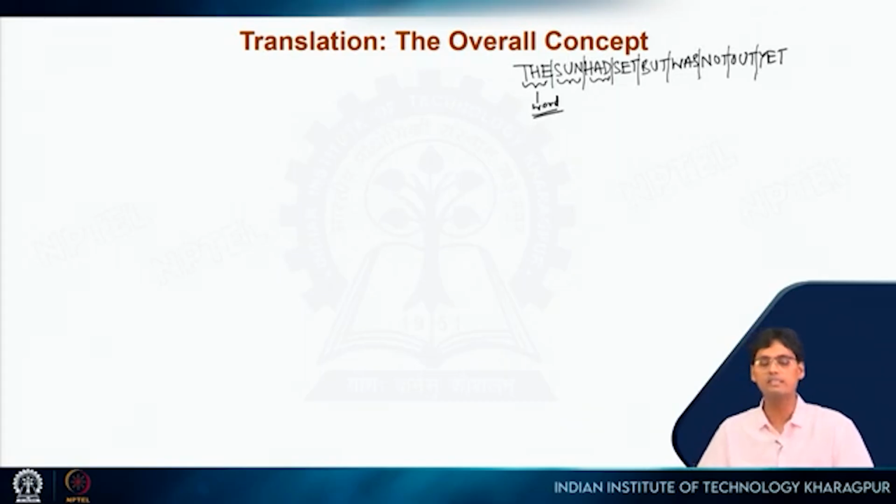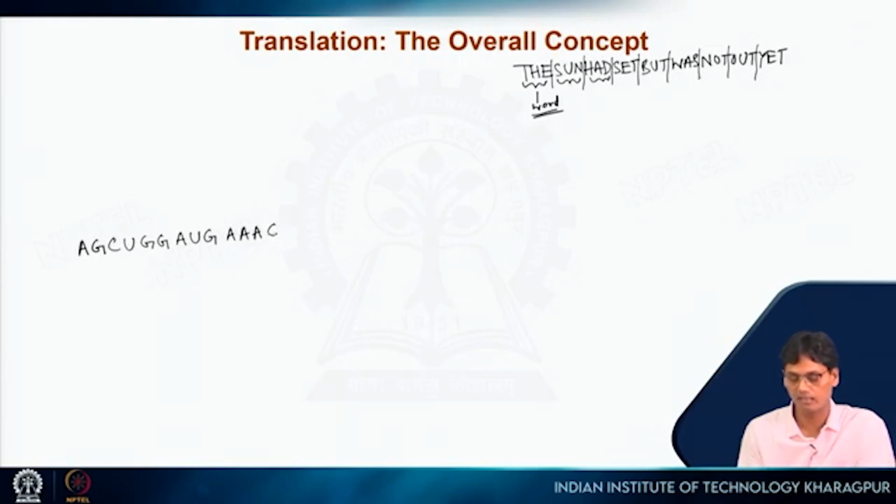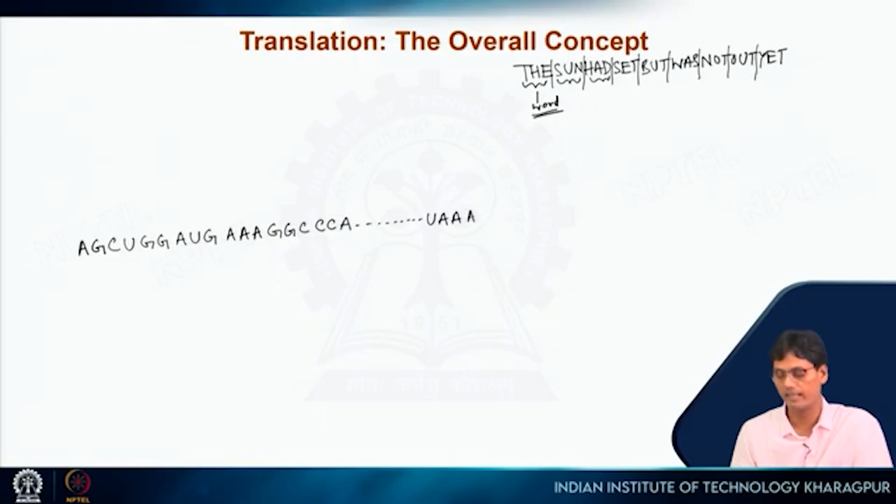So I will explain in more detail. See, if I write some sequence here, say A, G, C, U, G, G, A, U, G, A, G, G, C, C, C, A, and we can put many more nucleotides here, and then for example U, A, G, C, and then 3 prime.